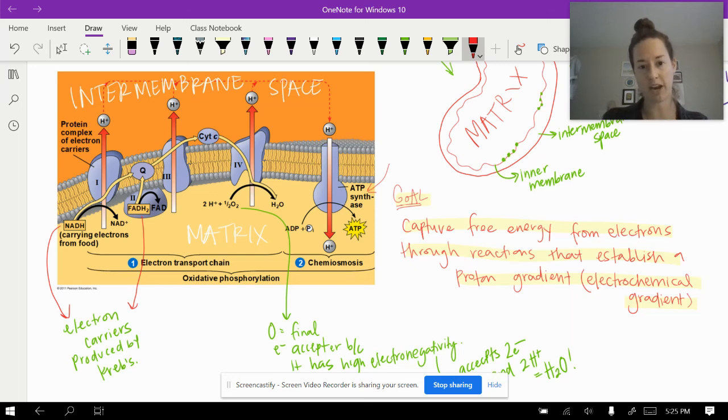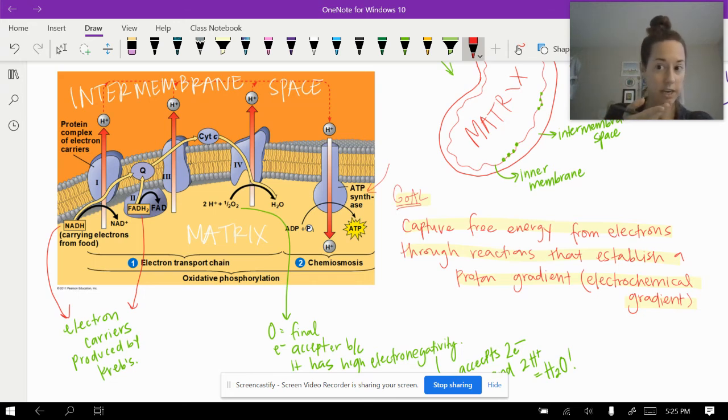That process of the hydrogen ions flowing back through ATP synthase is called chemiosmosis. Basically osmosis, but for chemicals, hydrogen ions. Together, the electron transport chain and chemiosmosis are called oxidative phosphorylation. If you remember before when I did glycolysis, I talked about substrate level phosphorylation.